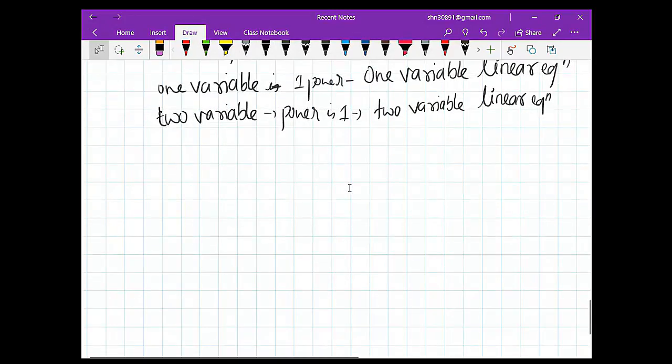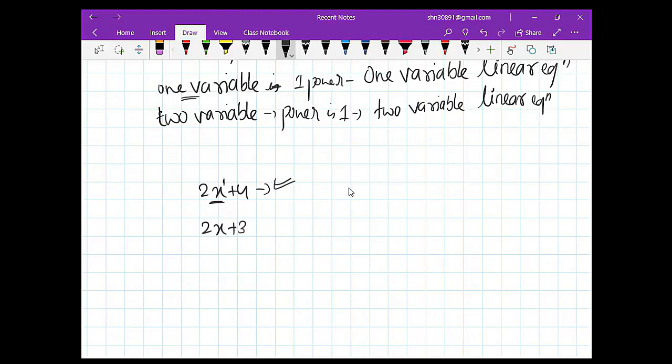What is meant by a one variable linear equation? If we have 2x plus 4, here only the variable x is there and 4 is a constant, then it is a one variable linear equation. If we have 2x plus 3y plus 4, here observe that we have two variables, x is one variable and the other variable is y.